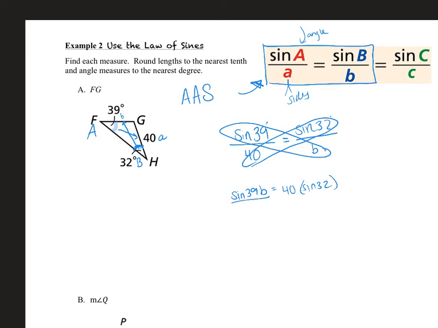And then I'm going to divide by sine 39. I'm going to try to type it all in like this because that would be the most accurate answer since I'm not going to be rounding until the very end, if your calculator will let you do that. And so I got that side b, rounded to the nearest tenth, is 33.7.